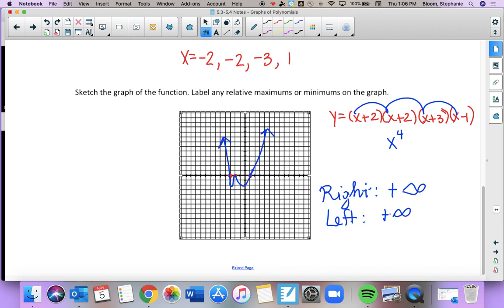Now, how many mins and maxes do we have? 3. Where are you missing one? Yes. So I have mins here, and I have a max here. Any of those look like absolutes to you?